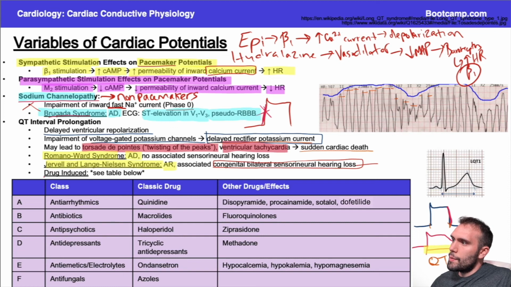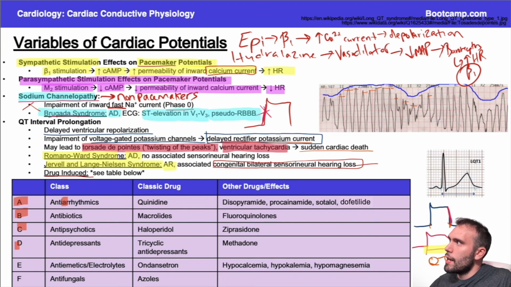The other thing you can sometimes see are these drug-induced forms of prolonged QT syndrome. Now, prolonged QT syndrome is extremely high yield overall. The problem is that so many things cause prolonged QT. We could sit here with a list five or six pages long of things that cause prolonged QT. But this is the way I remember it, and I think this is seen in a few resources. I like this where it's A, B, C, D, E, F. So A is for antiarrhythmics.